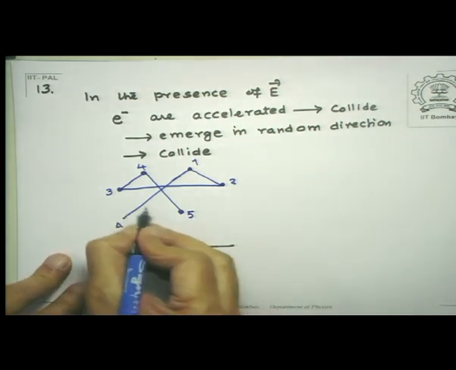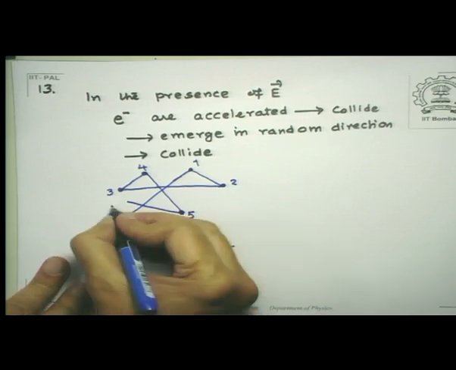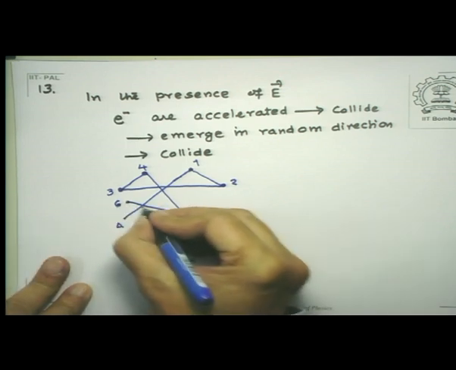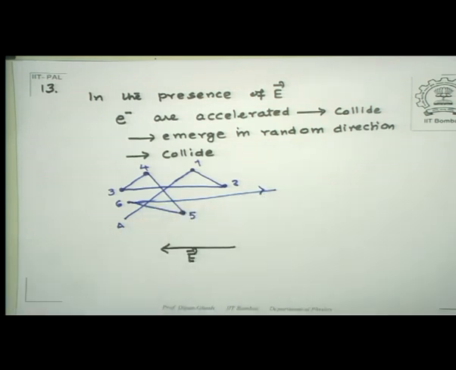And once again, this is an arbitrary direction figure, so don't worry about any pattern in this. This is 6, and then finally it comes like this. So this is typical, you could draw it any way you like. In this particular picture, I have shown you the electron goes through 6 collisions.